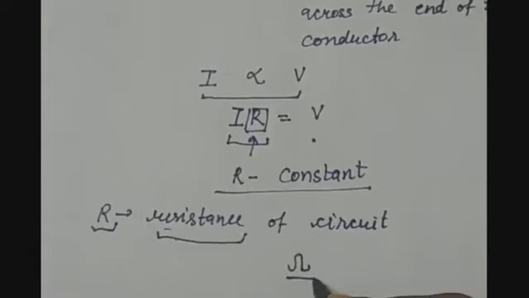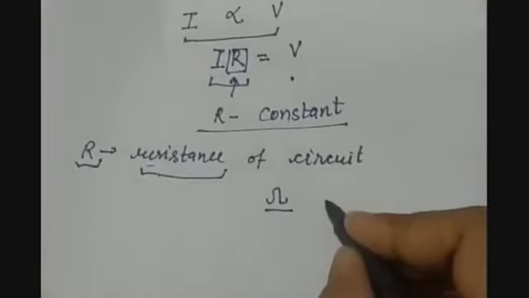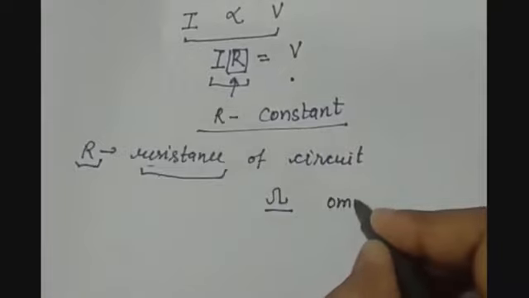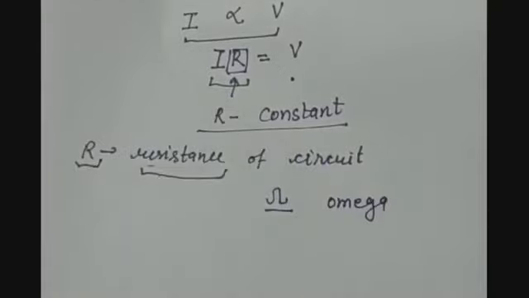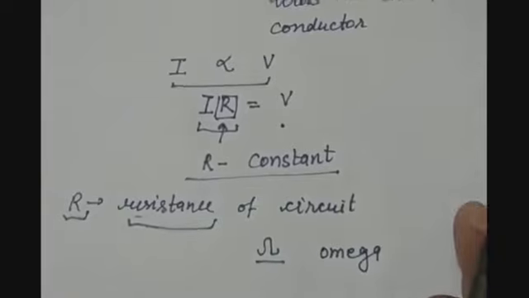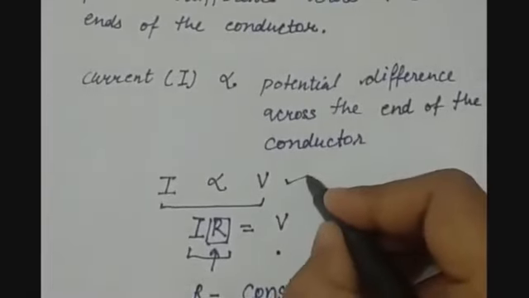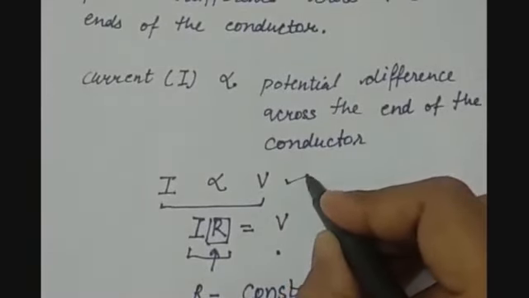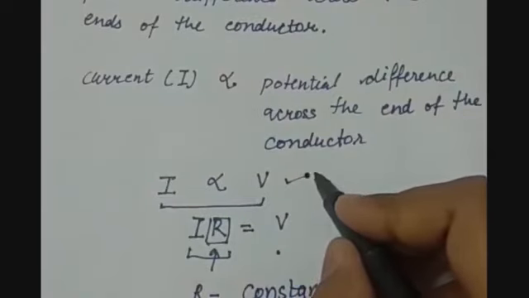The symbol is this. This is called omega. But remember, this condition was only given in case the temperature and other physical conditions of the conductor remain the same.